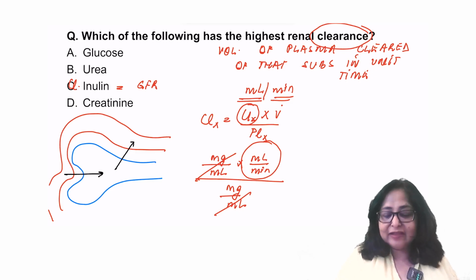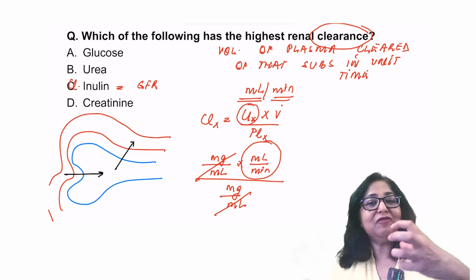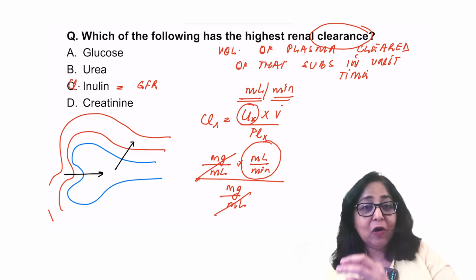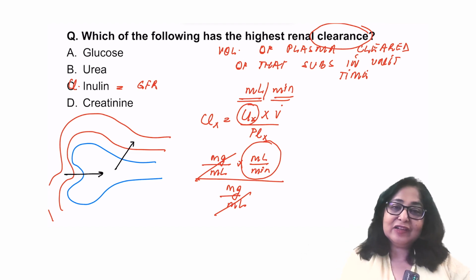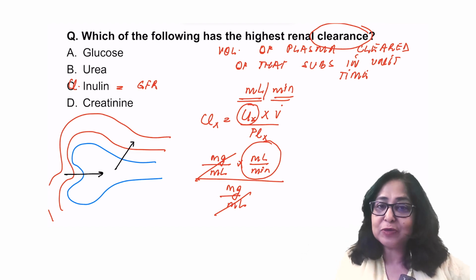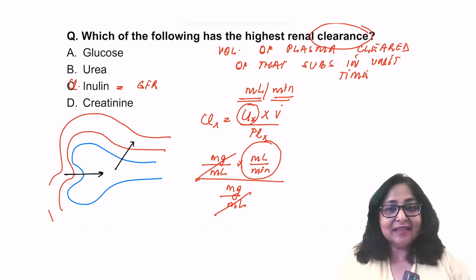It is filtered, and re-enters into the plasma. So the volume of plasma being free of that substance in unit time will now be less than the clearance of inulin.